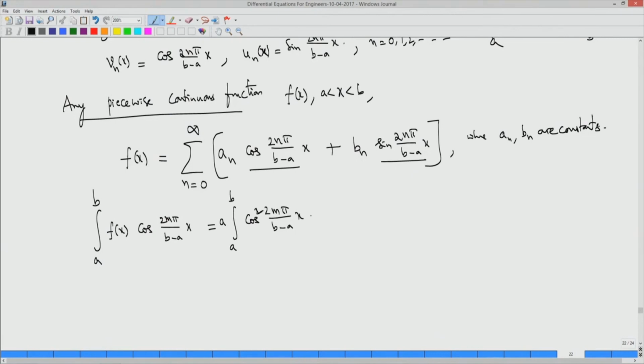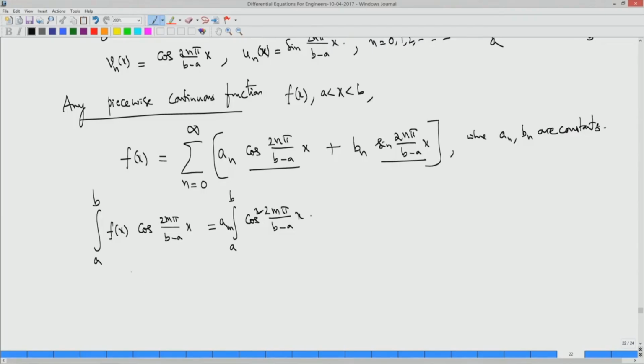So corresponding to n equal to m, that will be cos square 2m pi by b minus a. Other things will be cos 2n pi by b minus a into x into cos 2m pi by b minus a into x. That integration, their dot product is 0 because n is not equal to m. Only n equal to m, that is cos square 2m pi by b minus a into x into am. This is what you get.